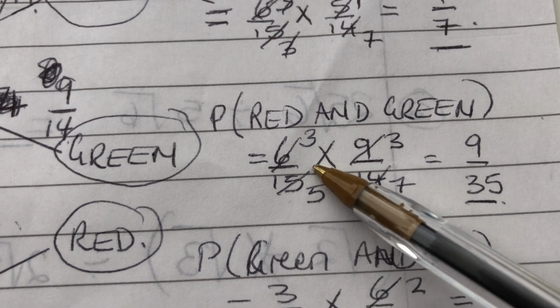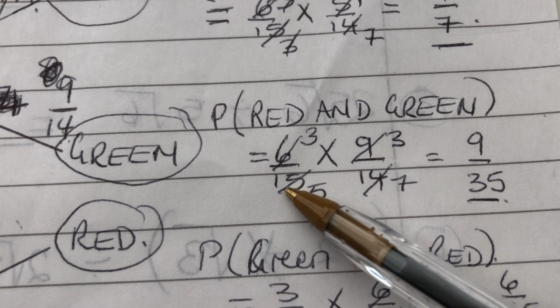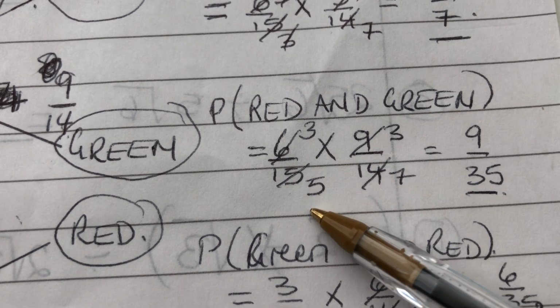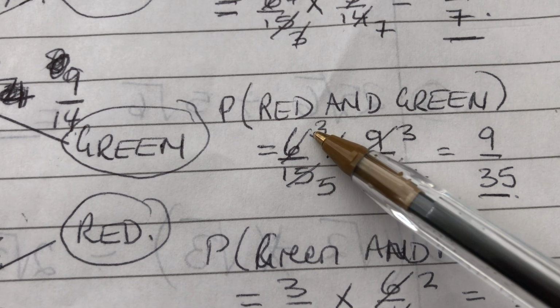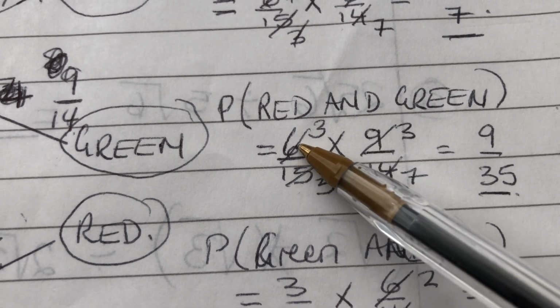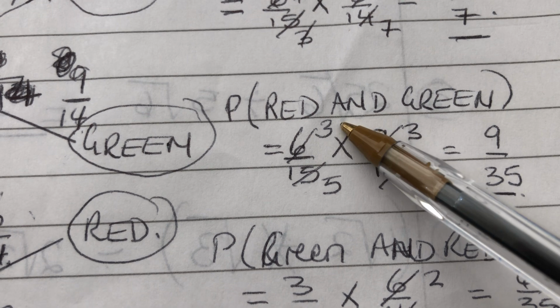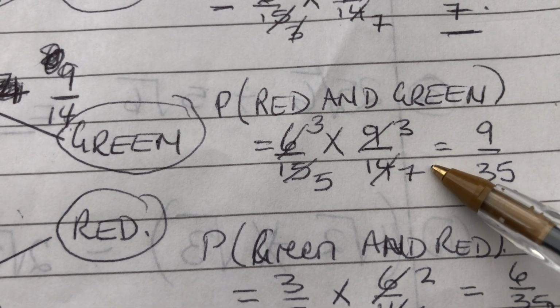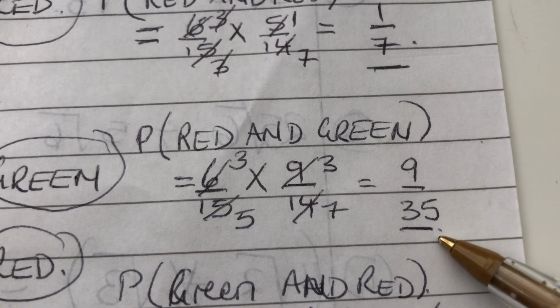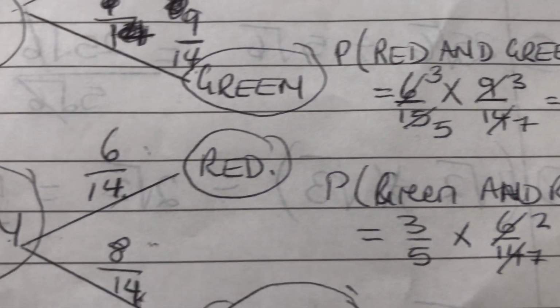How many 3s do we have in 15? 5. How many 2s do we have in 6? 3. How many 2s do we have in 14? 7. So we have 9 out of 35.